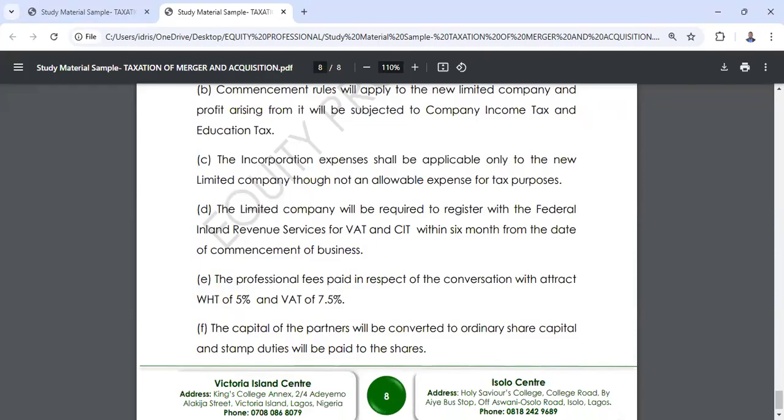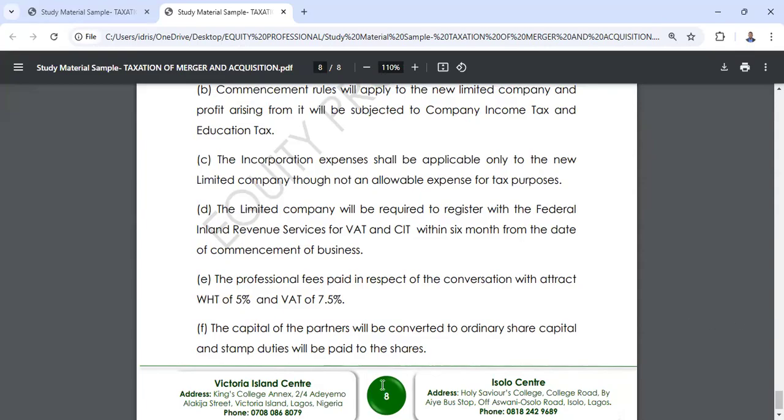The capital of the partner: under the partnership, each of the partners will have capital. The capital of the partners will be converted to ordinary share capital, and stamp duty will be paid on the shares.